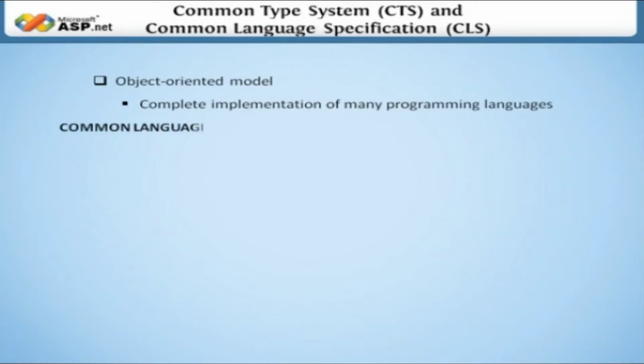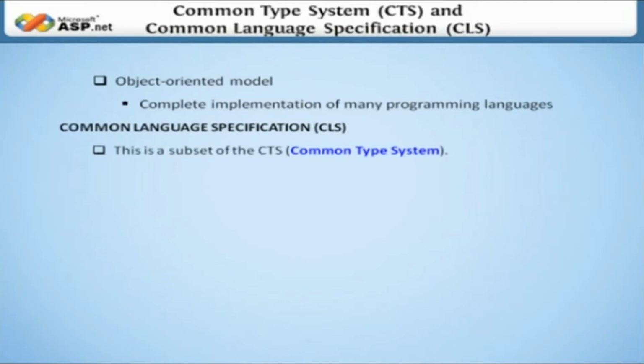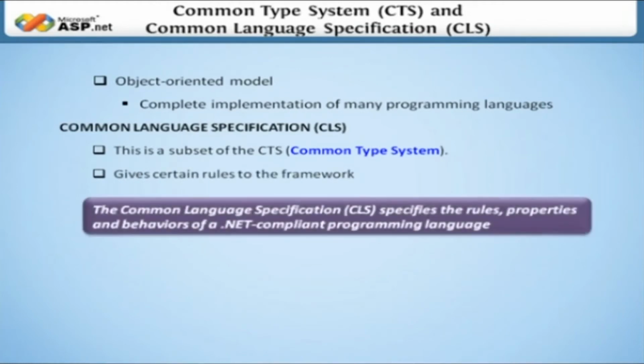Next up, Common Language Specification, or CLS. This is a subset of the CTS, or Common Type System. CLS gives certain rules to the framework. The Common Language Specification, or CLS, specifies the rules, properties, and behaviors of a .NET-compliant programming language.